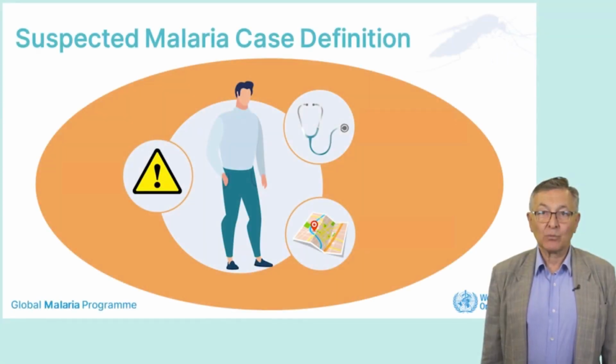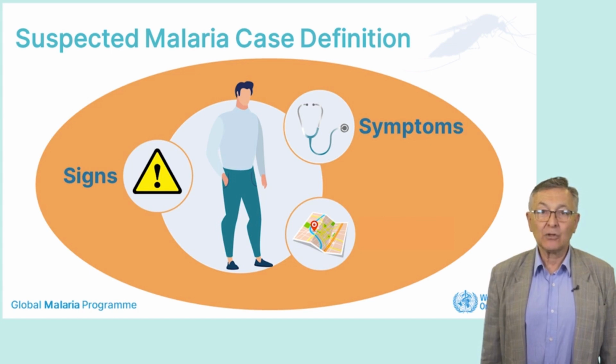In the previous slide, we talked about how it is important for healthcare workers to recognize patients who might have malaria and send them for testing. A suspected malaria case definition identifies signs and symptoms of illness in a person that could indicate a malaria infection. Additional characteristics that can help to identify suspected cases include where the patient has stayed during the likely period of infection and other factors that might have increased their exposure to malaria-transmitting mosquitoes.